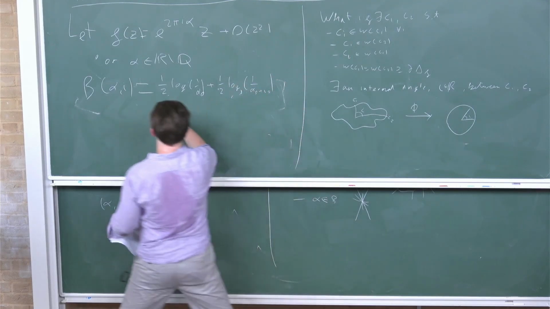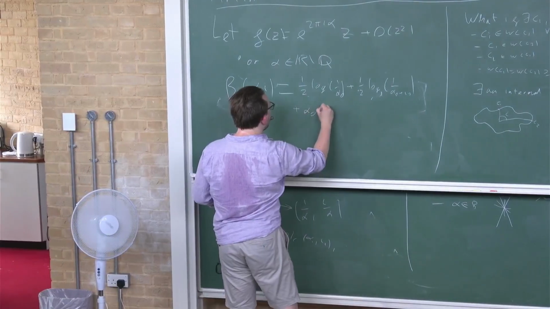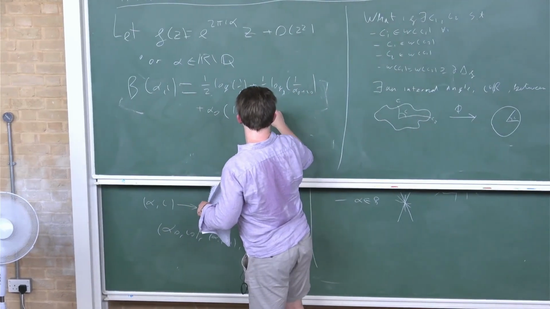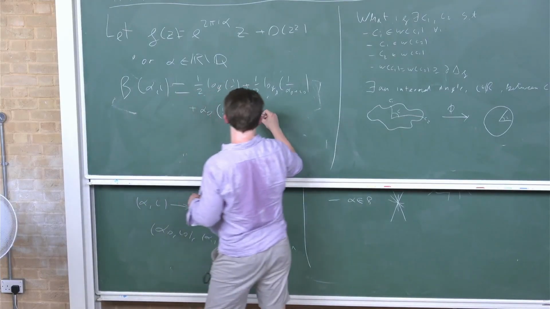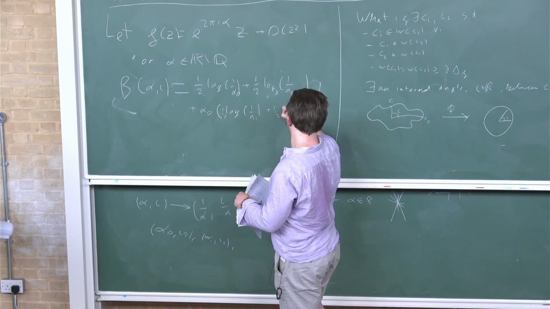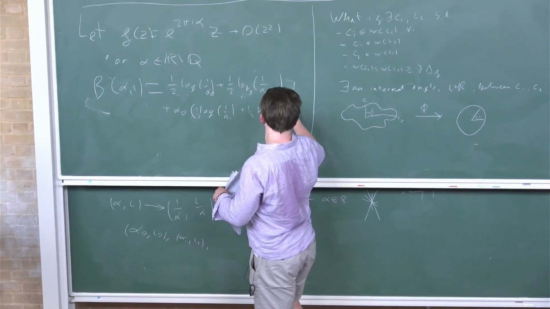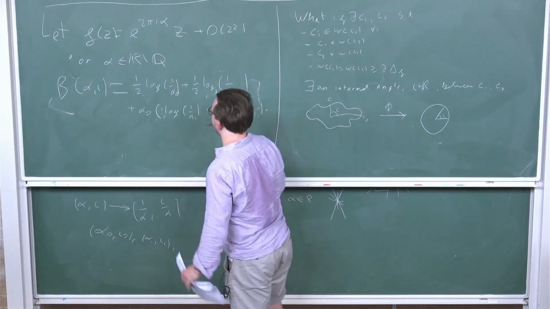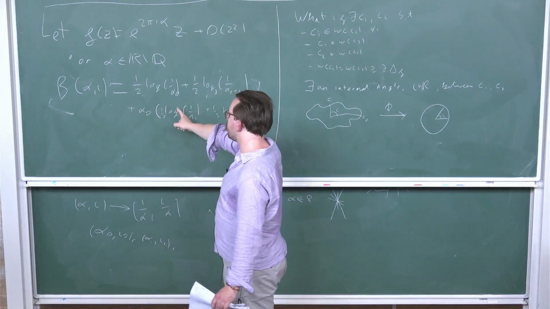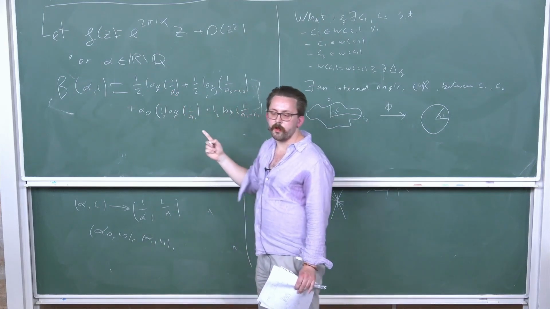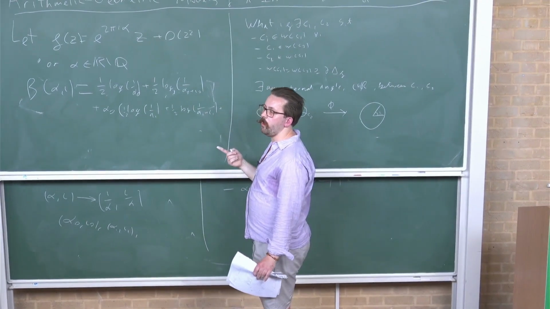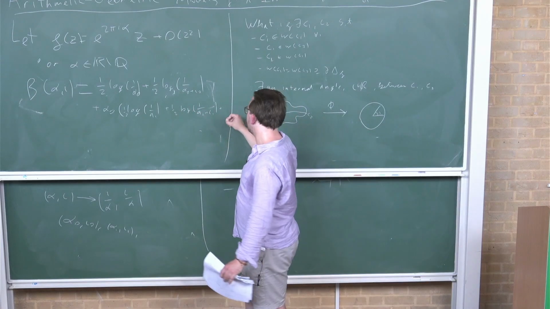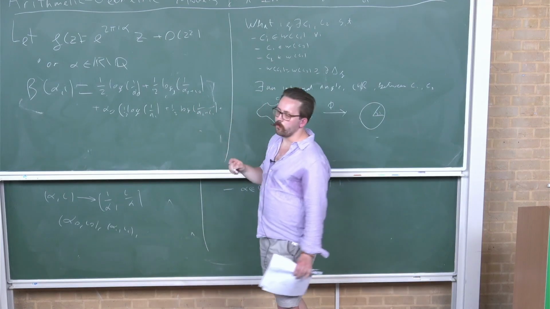Then you add plus alpha 0 times 1/2 log 1 over alpha 1 plus 1/2 log 1 over alpha 1 plus iota 1, and so on and so forth. And as you may notice, this is actually bounded above and below by multiples of the original Bruno function. So whether this goes to infinity or not does not change depending on your choice of iota.